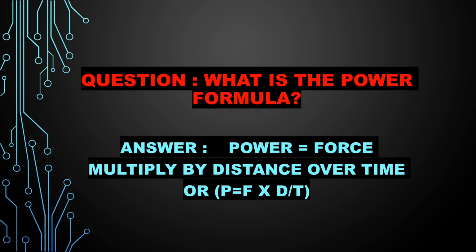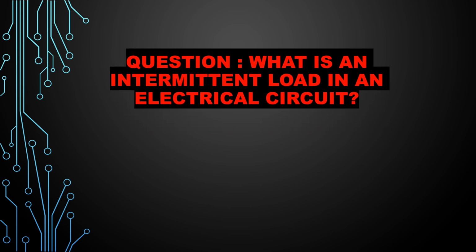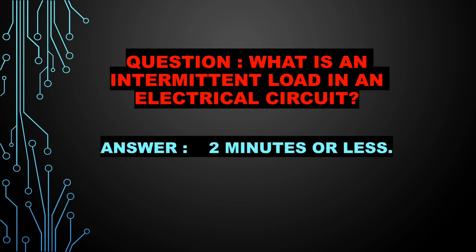Answer: power equals force times distance divided by time, P equals F times D divided by T. Question: what is an intermittent load in an electrical circuit? Answer: 2 minutes or less.